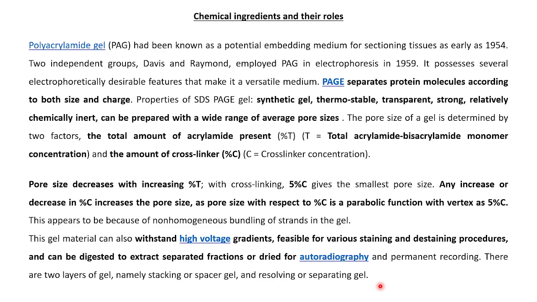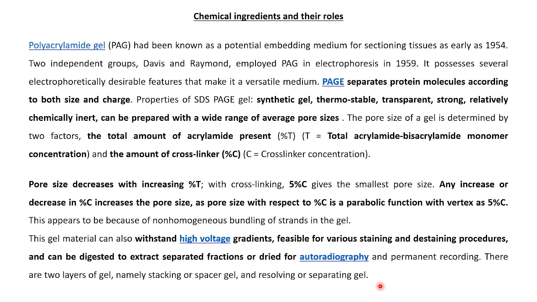Now we should be discussing the chemical ingredients and the roles of these different chemical ingredients that we use in our PAGE. A polyacrylamide gel has been known as a potential embedding medium for sectioning tissues since 1954. Two independent groups, David and Raymond, employed the PAG in electrophoresis in 1959.